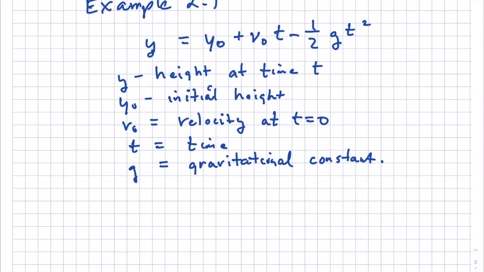Y is a height, so on the left-hand side, that's going to be a length. The initial height is also a distance type of measurement, so that would be a length.